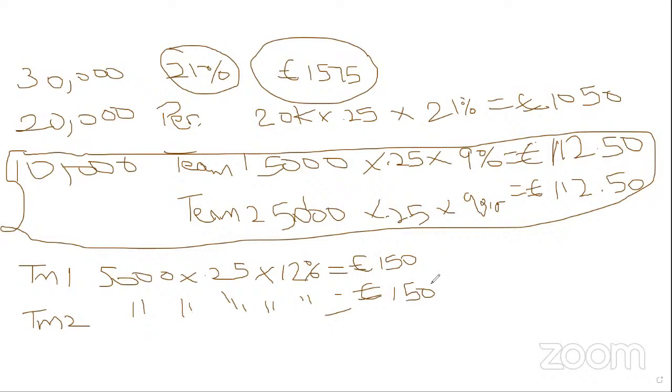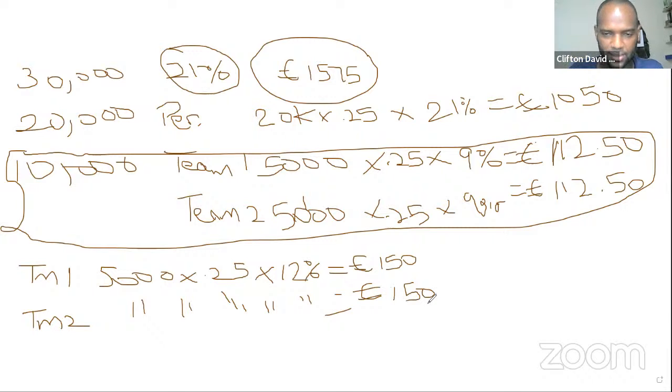Yes. Excellent. Now what I want you to do, if anybody could tally for me Derek's 1050 from his personal volume, plus 112.50 from team 1, 112.50 from team 2, then 150, then 150.